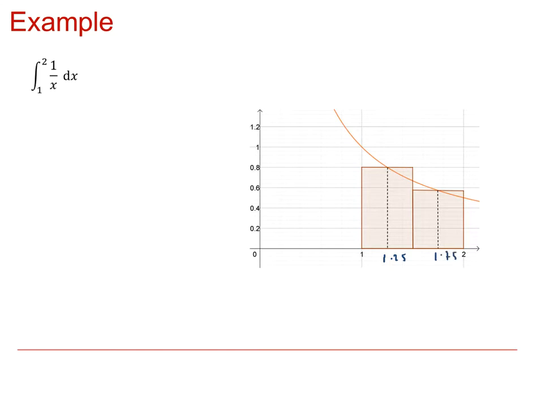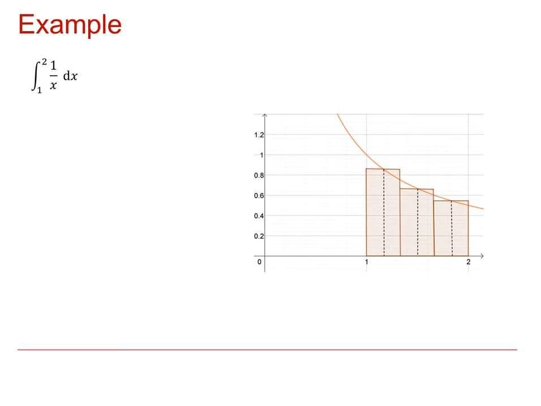And therefore the area that we have is equal to 1 over 1.25 plus 1 over 1.75 multiplied by the width of each of these intervals, which now, instead of being 1, is 0.5. And if you evaluate that, we get a value of 0.686. So still an underestimate of our actual integral, but much closer than the first one.